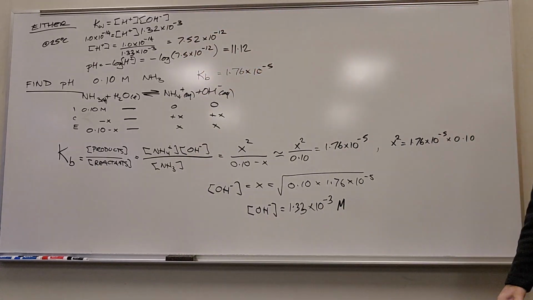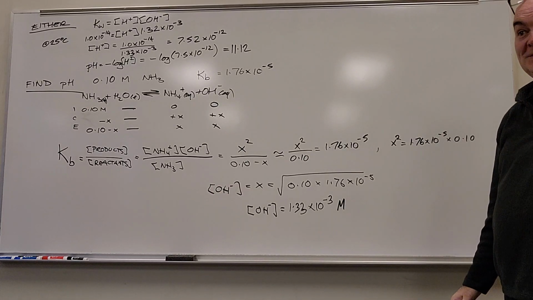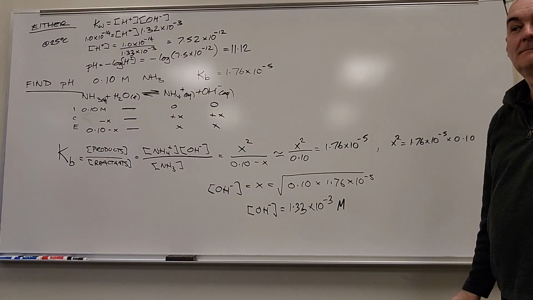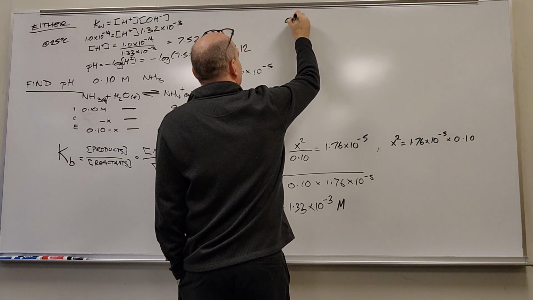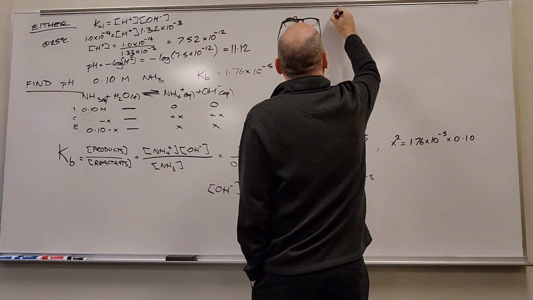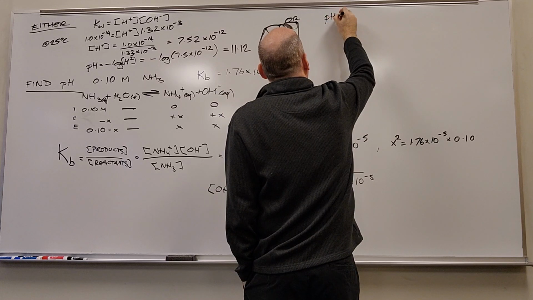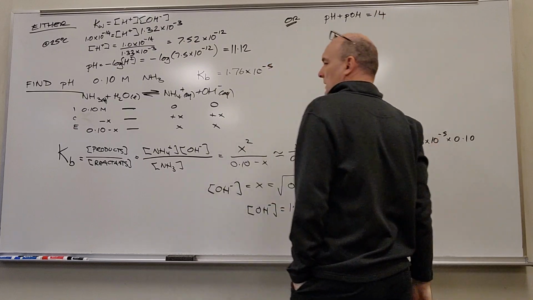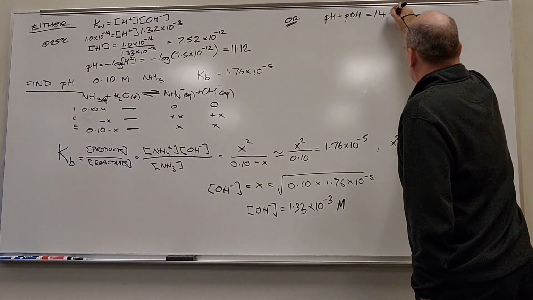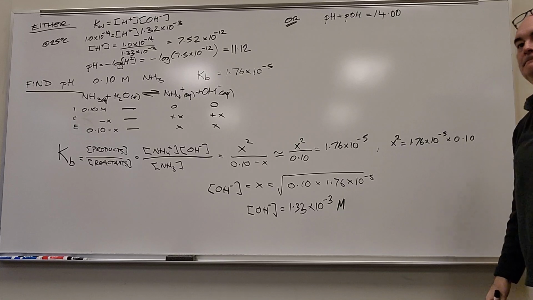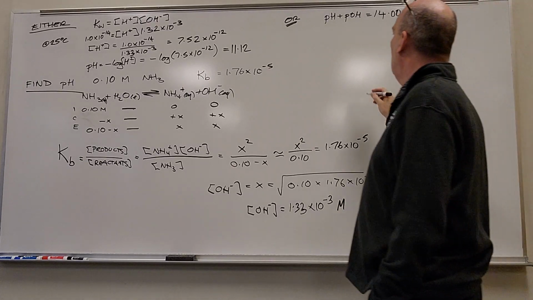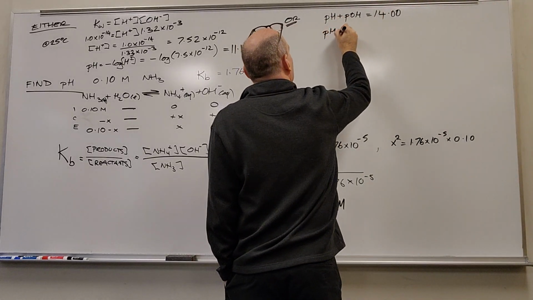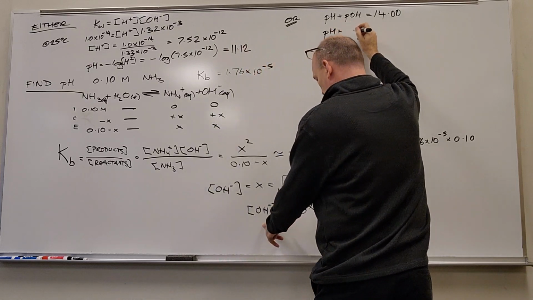Is it on the correct side of the pH between 7 and 14? Yes. Okay, that's one way. Or pH plus pOH equals 14. We don't know what pH is, but we can find what pOH is.